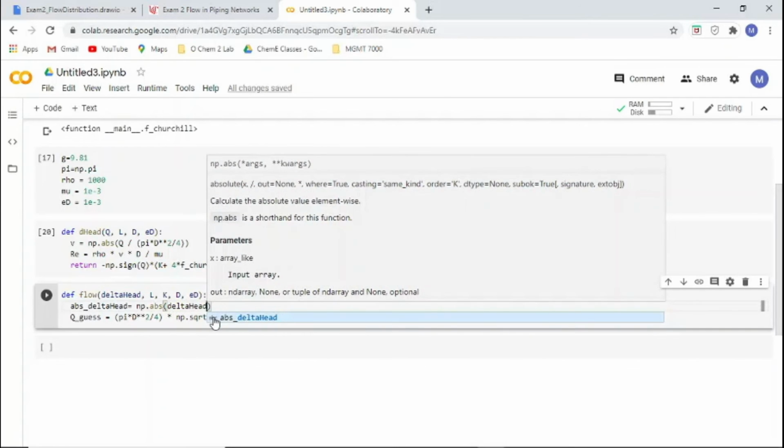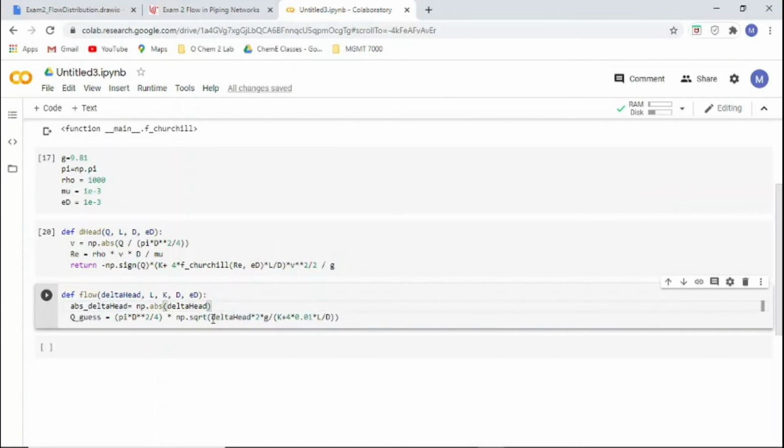So in here, what we are going to now put is abs_delta_head to get our absolute value there, so that when we take the square root, there isn't a possible negative sign underneath the square root, which would cause errors in our code.